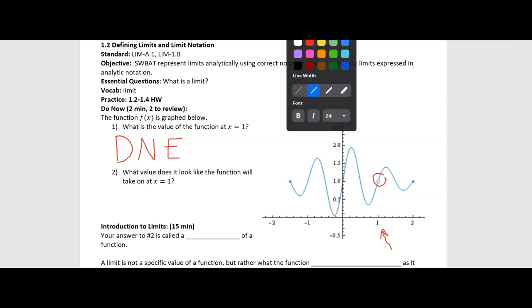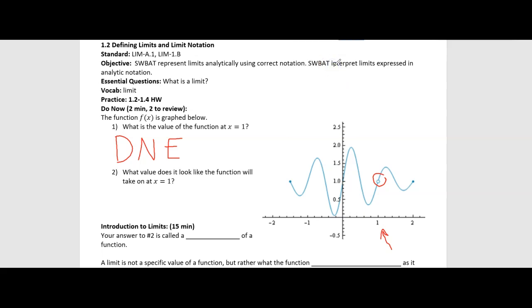So essentially, if we are tracing the function up to x equals 1 from the left-hand side, and we also trace it from the right-hand side, it certainly seems like the function should hit y equals 1 as we get to x equals 1. Again, the function doesn't exist at x equals 1, but it looks like it should be equal to y equals 1. I'm just showing you that that point is at y equals 1. So we would say y equals 1.